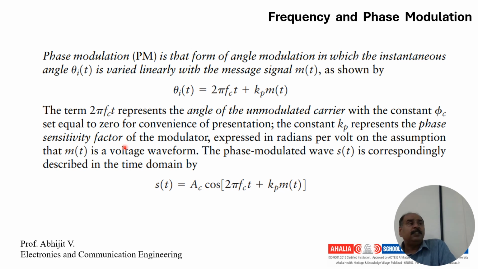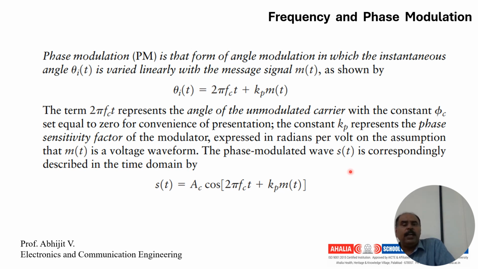It is the phase sensitivity factor of the modulator, expressed in radians per volt on the assumption that m of t is the voltage waveform. Like the modulation index, here we have phase sensitivity also, which means the amount of change in phase.